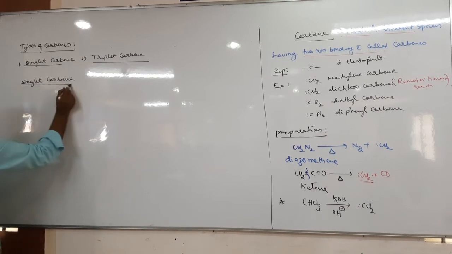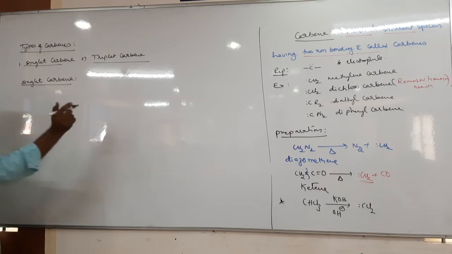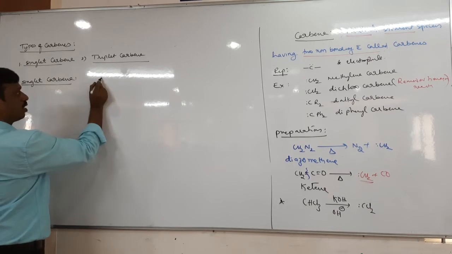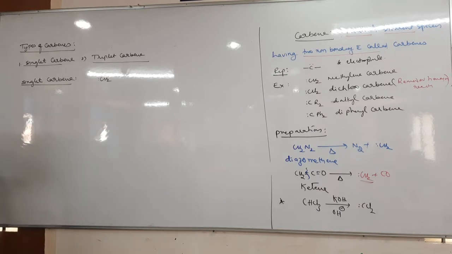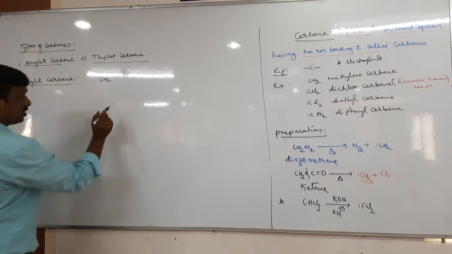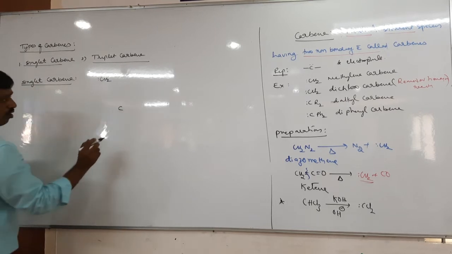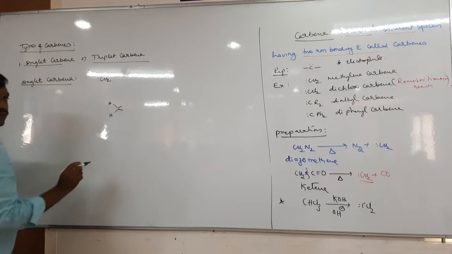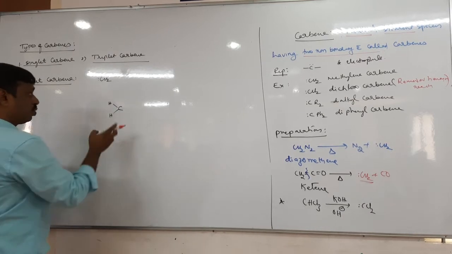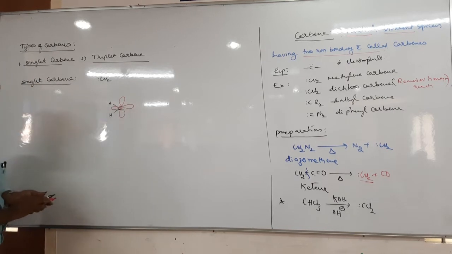Okay, see here. In singlet carbene, let us take CH2, methylene carbene. The structure is like this: carbon having two hydrogens, and there are two orbitals, 1 and 2.